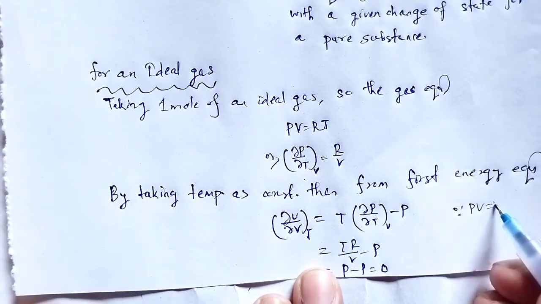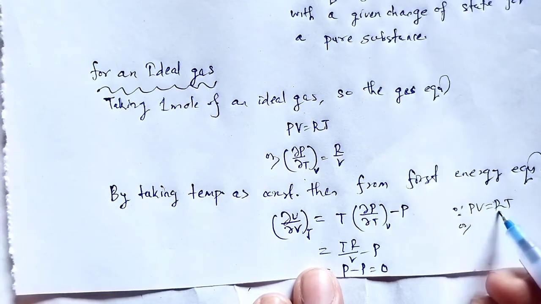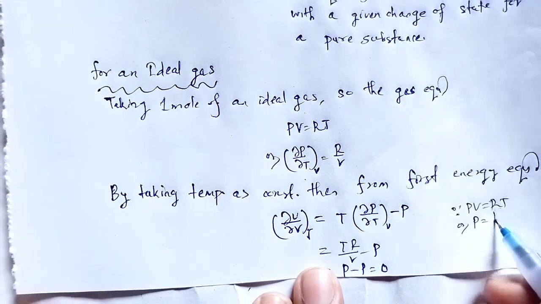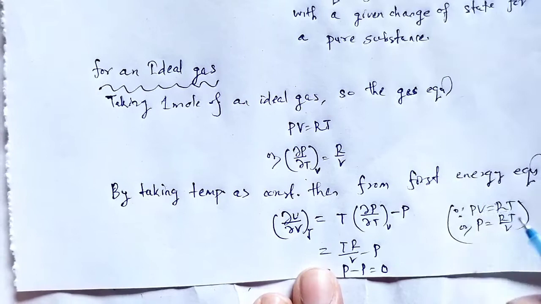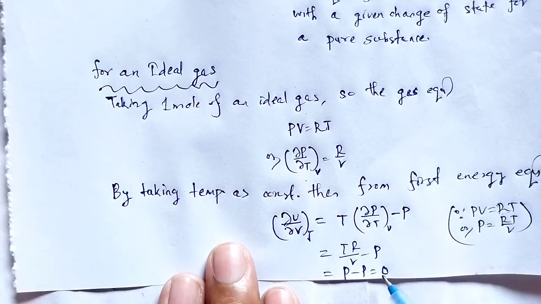We get (∂U/∂V) at constant temperature is equal to 0.